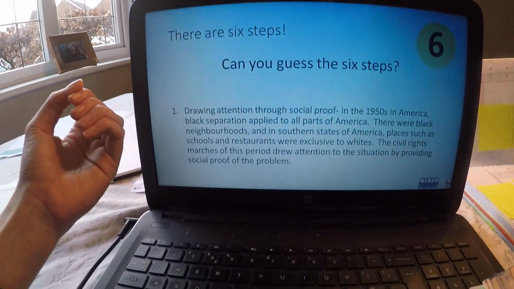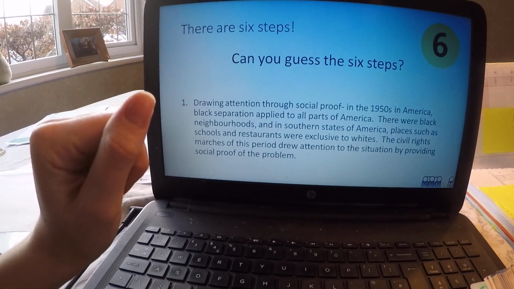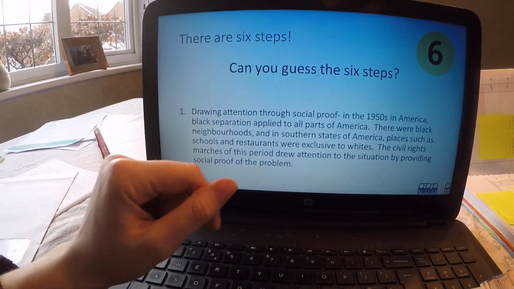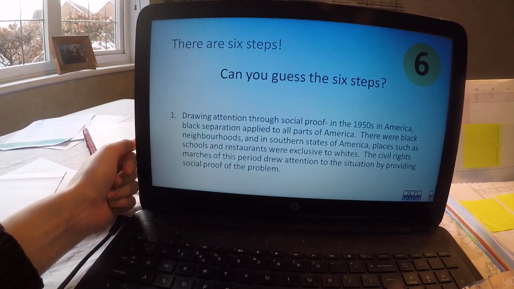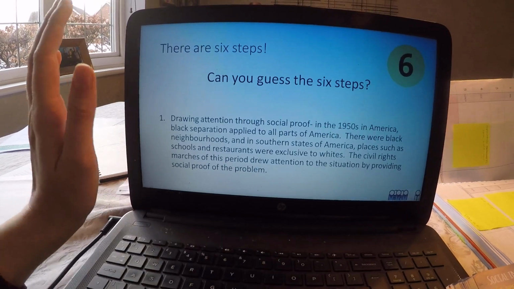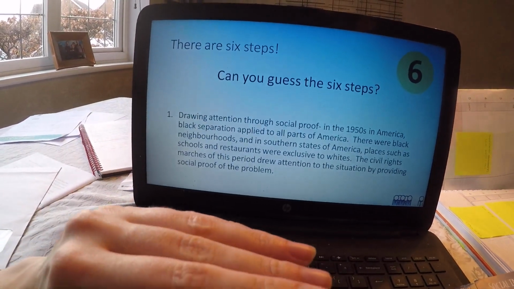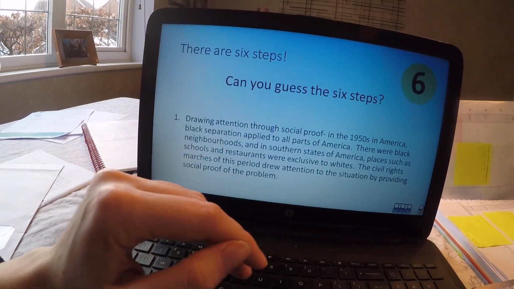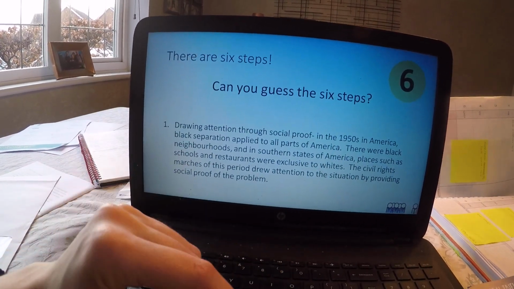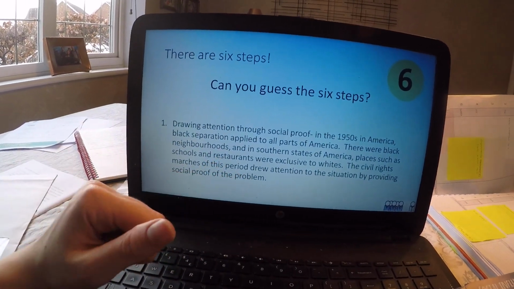So we're going back to our example of African American civil rights movement. So in the 1950s, there was black separation in all parts of America. Black neighborhoods, and in southern states, there were segregated schools and segregated restaurants. And the civil rights marches of this period drew attention to this fact.